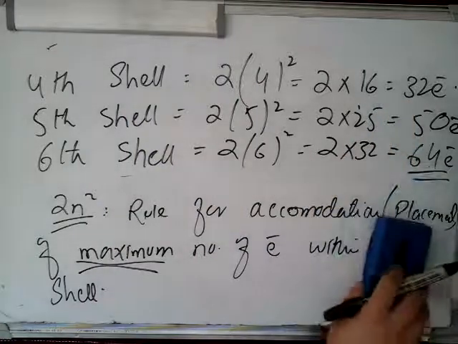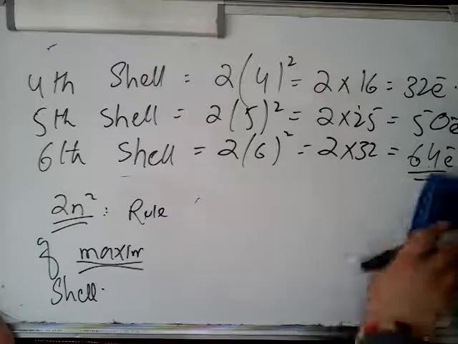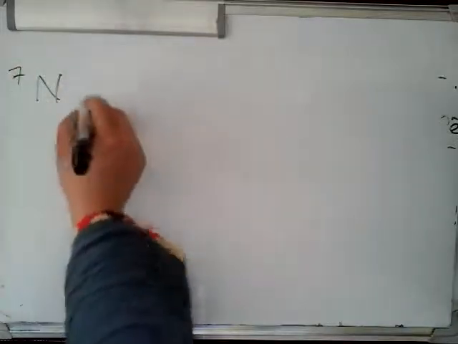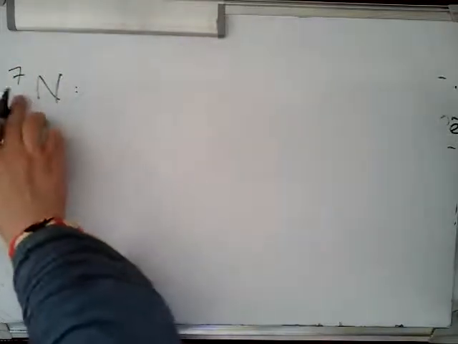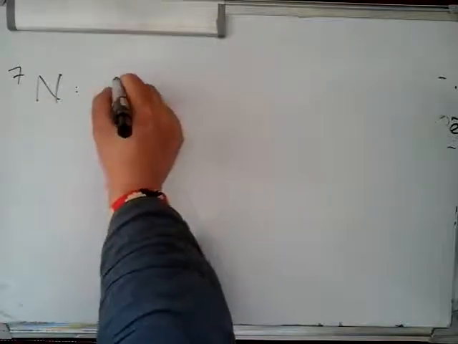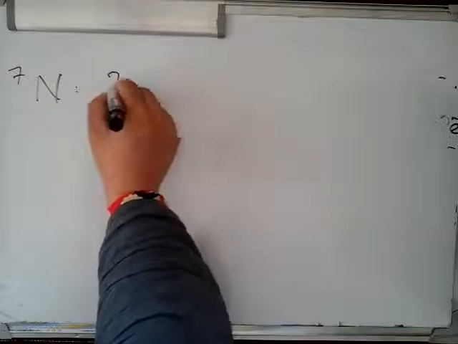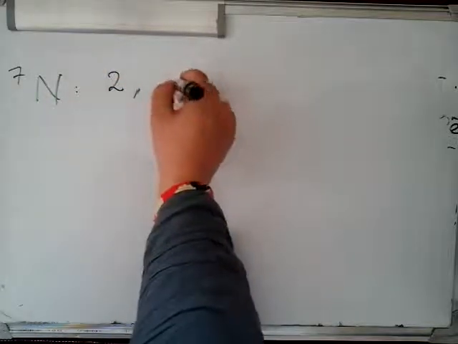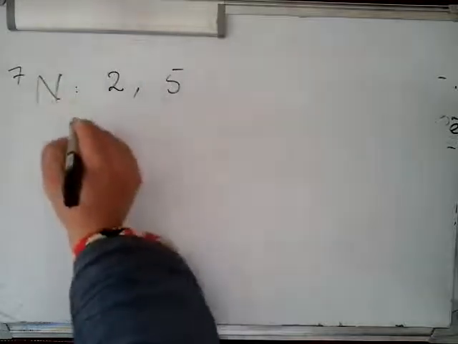So let's do some examples related to this rule. For example, nitrogen atomic number is 7. Atomic number means that there are 7 electrons in nitrogen. So the electronic configuration would be 2, 5. Nitrogen has 2 shells.